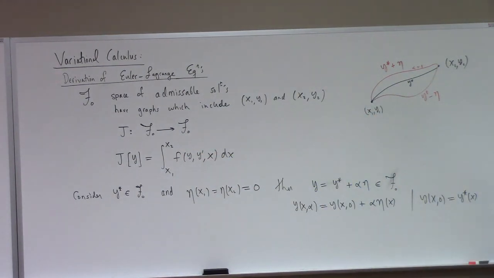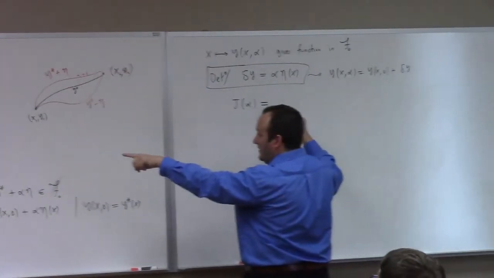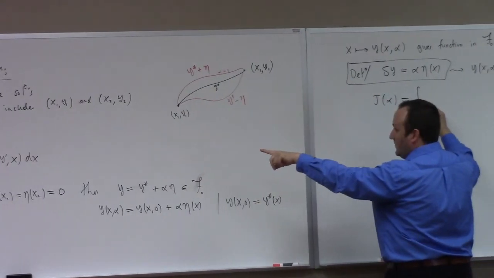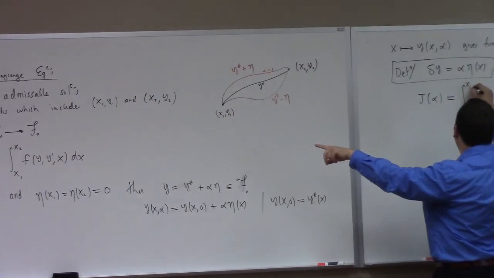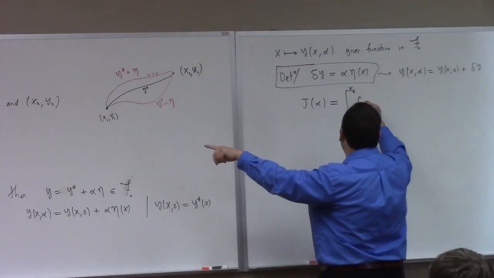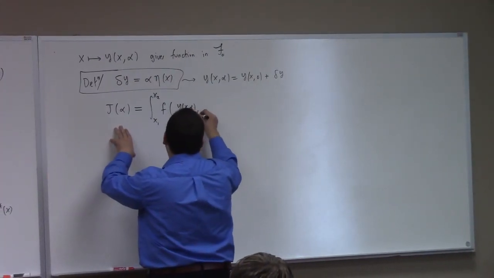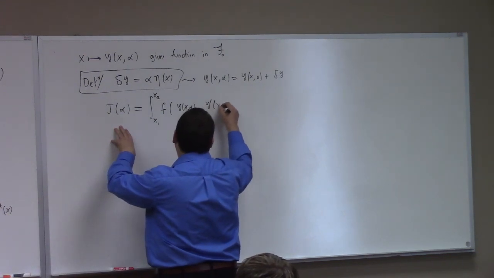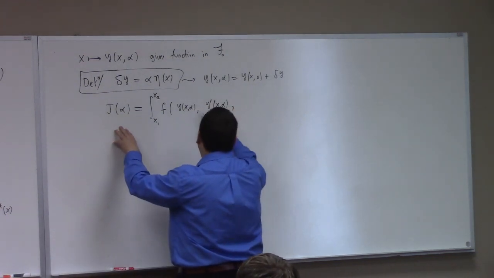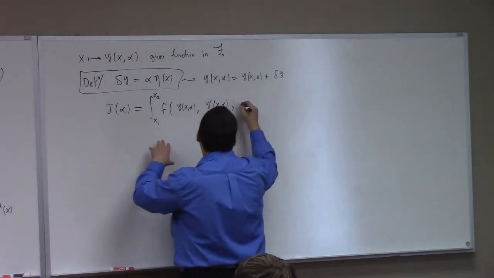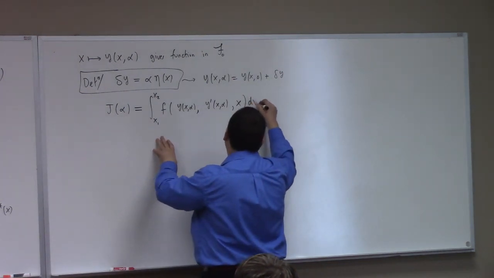Before I do that, notice that J is now a function of alpha, and we can write it as the integral from x1 to x2 of f of y of x alpha, y prime of x alpha, and x dx.